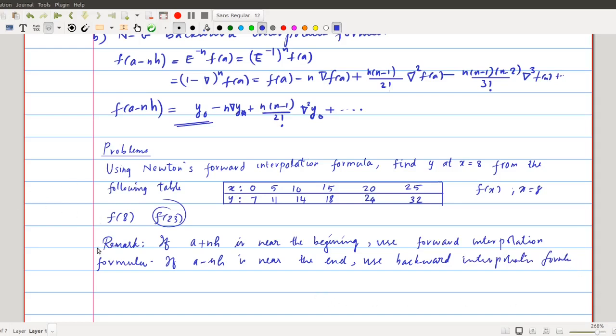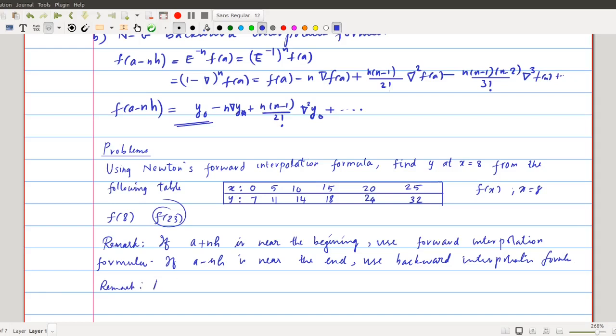Another remark is, for convenience, we choose the interval of differencing so that n lies between -1 and 1. Okay, so we have one more remark on this.